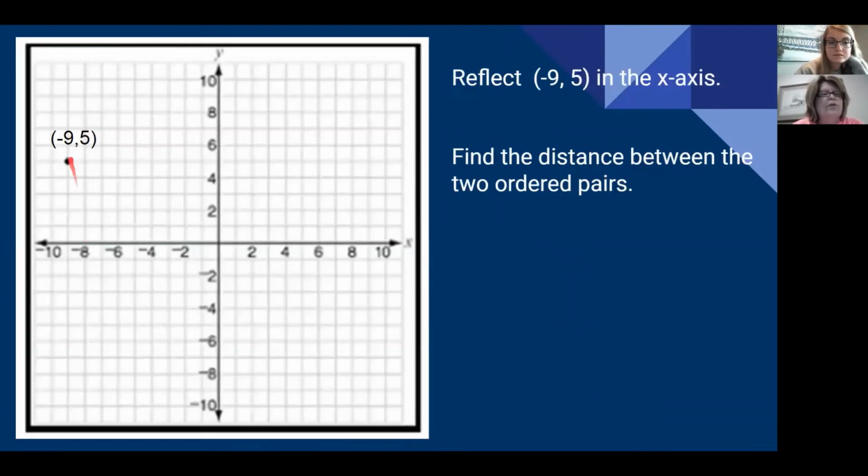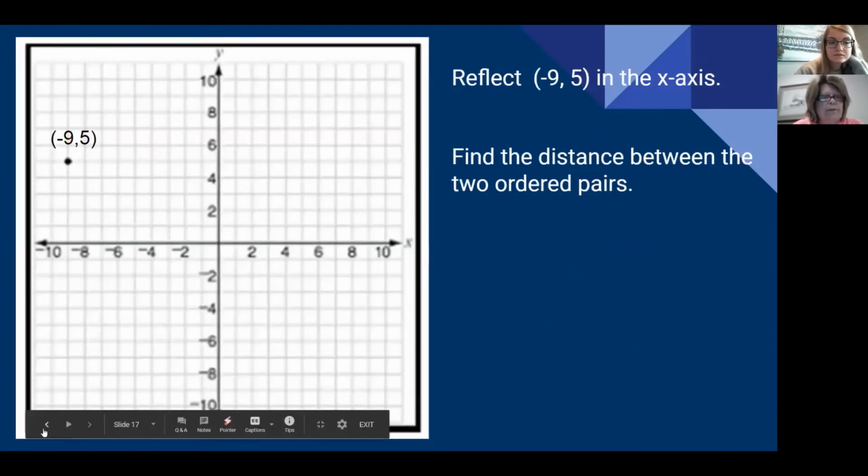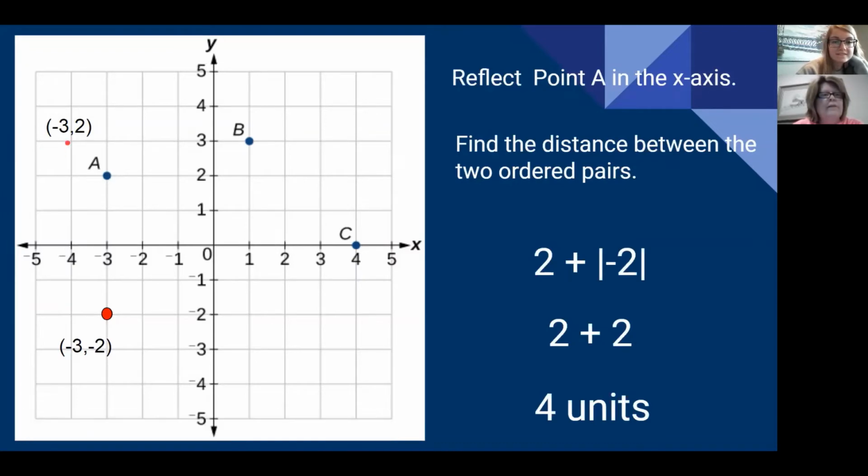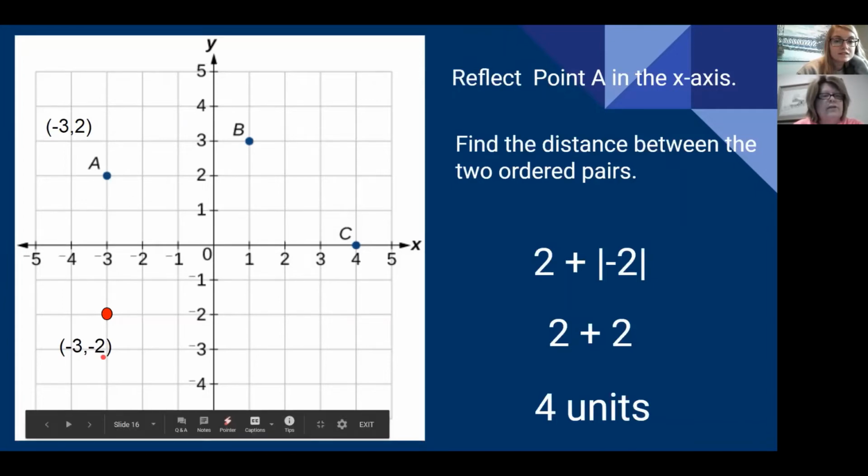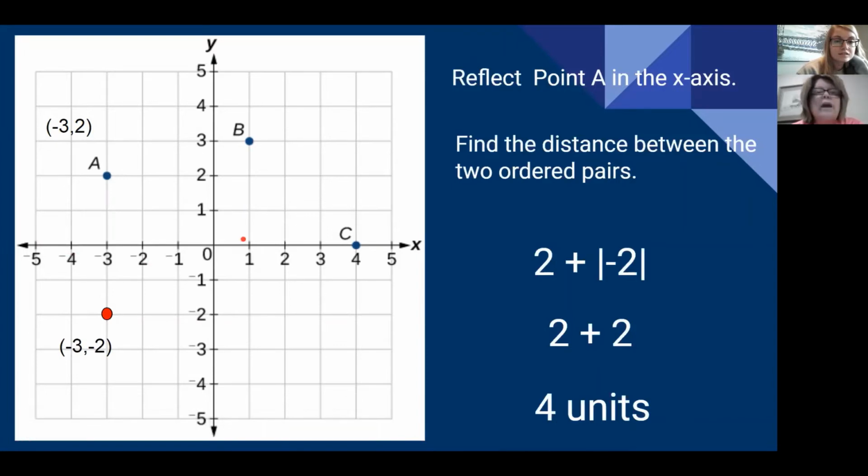Remember, in an ordered pair, this is my x and this is my y. So because I reflected over the x-axis, I'm going to look at the y coordinates and I'm going to add them. And if I have a negative number, I have to change that to the absolute value.